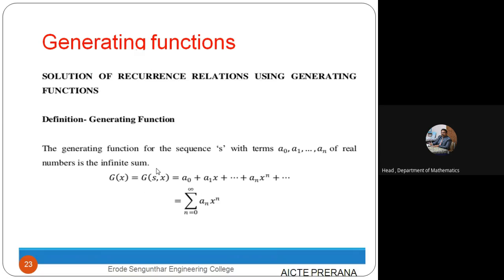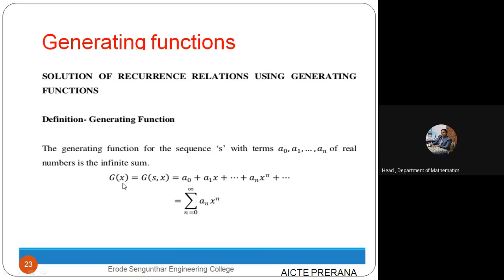The next important topic is generating functions. Using generating functions, we can solve a recurrence relation and find its solution. This is the definition of a generating function. The generating function for the sequence S with terms a0, a1 up to an of real numbers is the infinite sum.